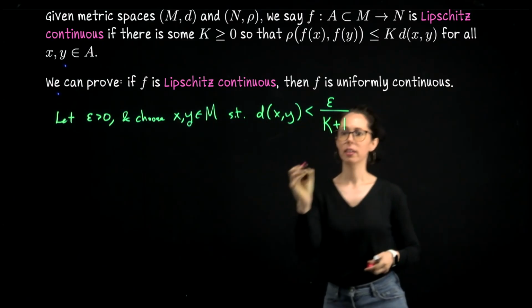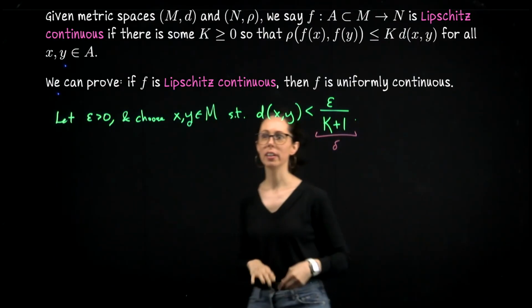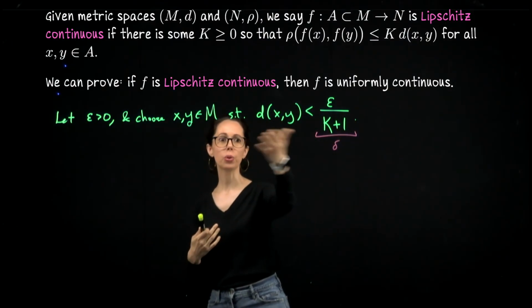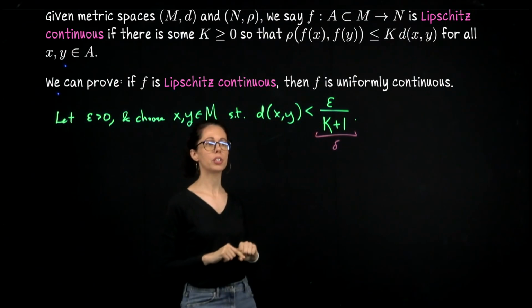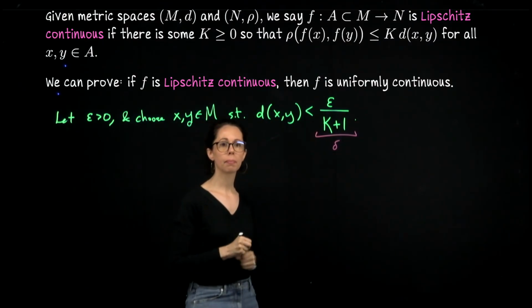I'm omitting the language of delta here. Perhaps you would rather define delta this way and then choose x and y to be any pair of inputs from the domain which satisfies that the distance between them is less than delta. But let's just move on.